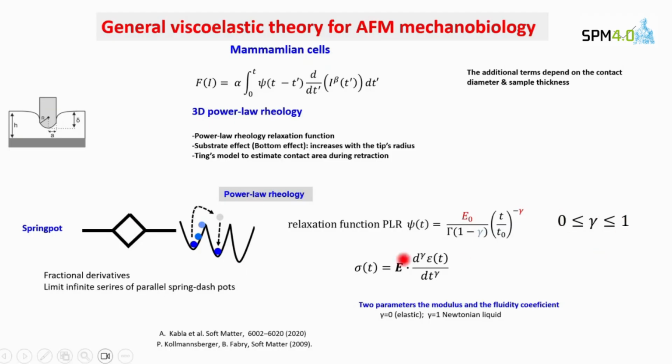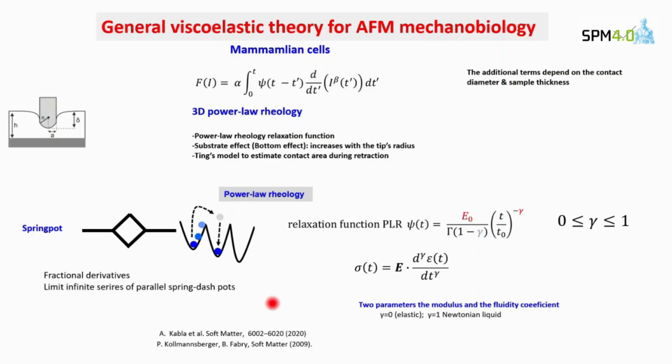Well, this model can theoretically be deduced in different ways. Some groups have deduced it by putting the constitutive equation in terms of fractional derivatives, if you are very mathematically oriented and you like to do that. But other people, more physically oriented, thought about this model as a system with components in different potential wells that are randomly distributed, and when you do the average, you get a power law response.